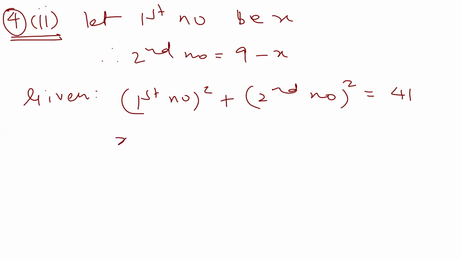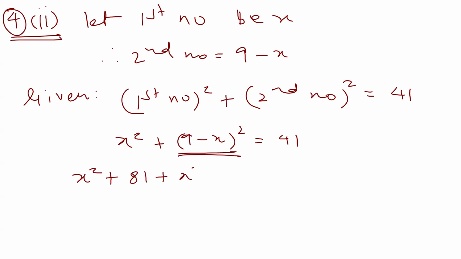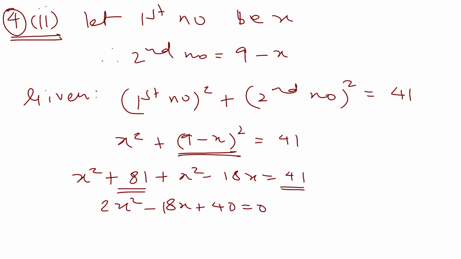So put these values: x square plus 9 minus x the whole square is equal to 41. So x square plus, using a minus b the whole square, 81 plus x square minus 18x is equal to 41. 2x square minus 18x, 81 minus 41, that is plus 40, equal to 0.